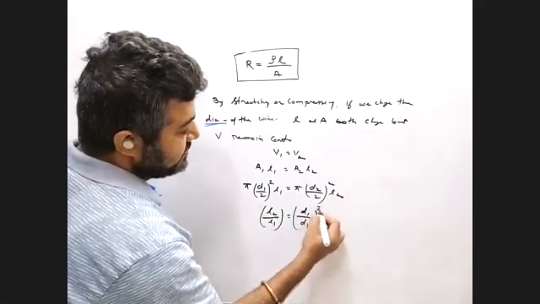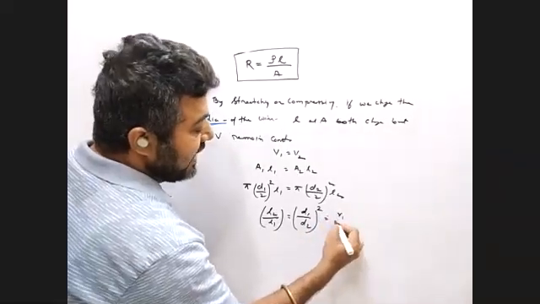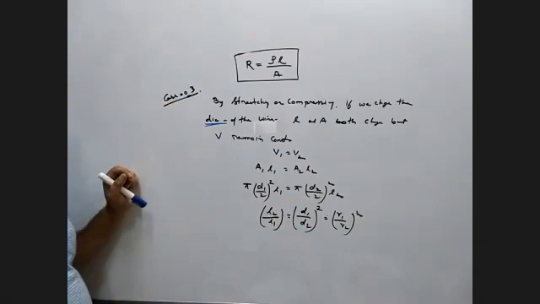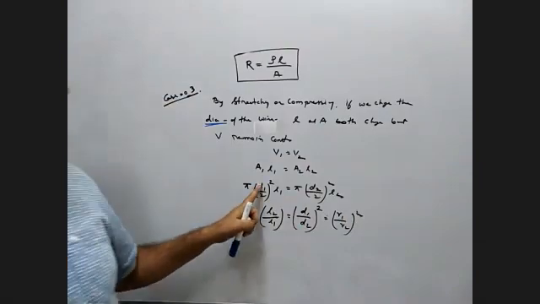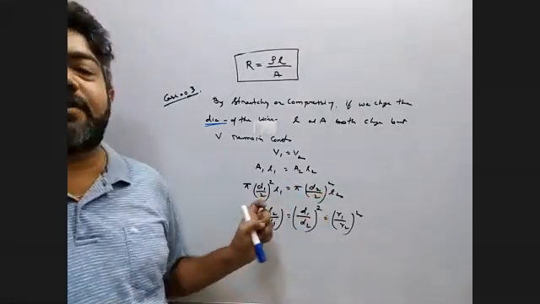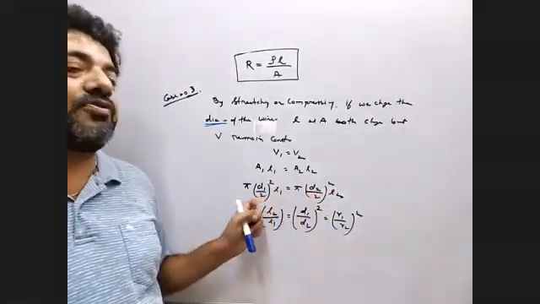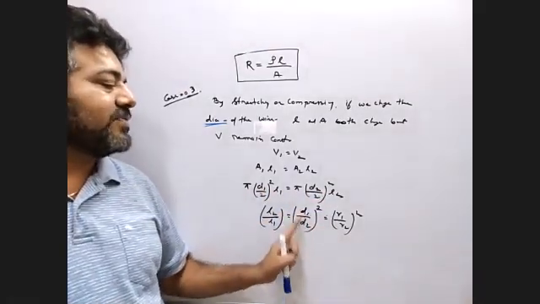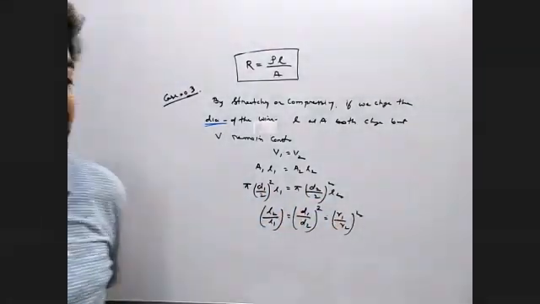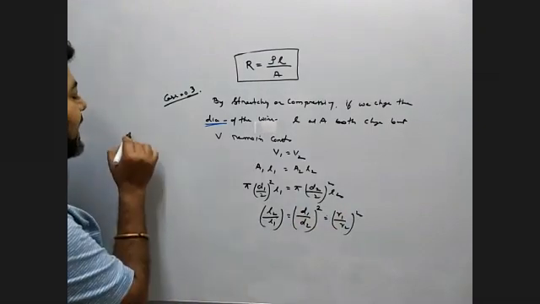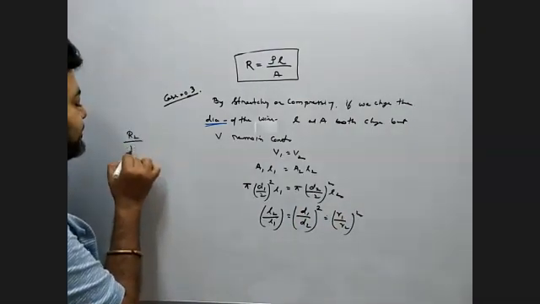We can also write R1 by R2 whole square. Instead of diameter, we write radius, so instead of D, we write R. Then 2 also cancels, or if you don't put 2, it's also okay. D by 2 or R, the same thing; they can give you diameter as well as radius of the wire.